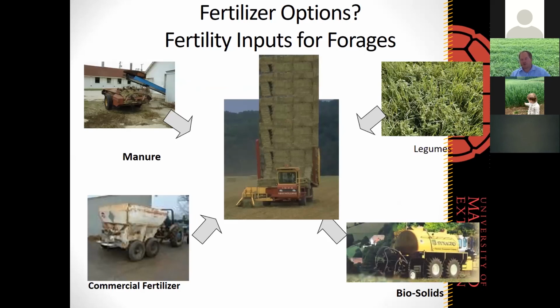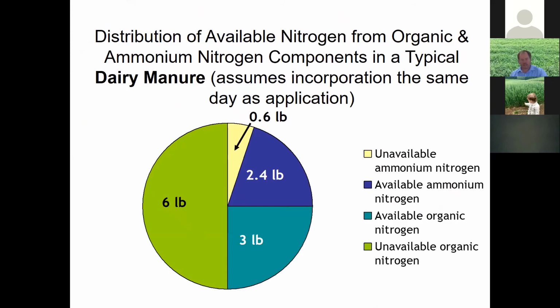So some other options: we talk about manure, commercial fertilizer, legumes, and biosolids as all sources for fertility. Just realize that not all of the nutrients that are in a particular manure are going to be available that first year. So this is for dairy manure. Only about 3 pounds of that organic material is going to mineralize and be available to the plant in that first year.